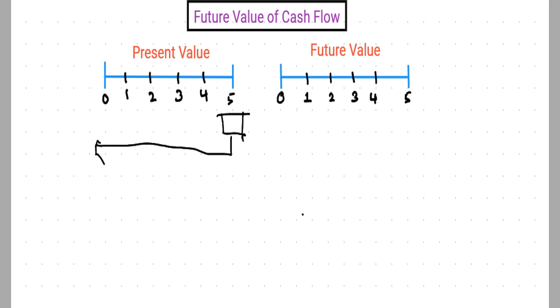But in case of future value, you have the money available to you at time 0 or period 0, and you need to calculate its value at period 5 to know its future value. So let's understand this with an example.